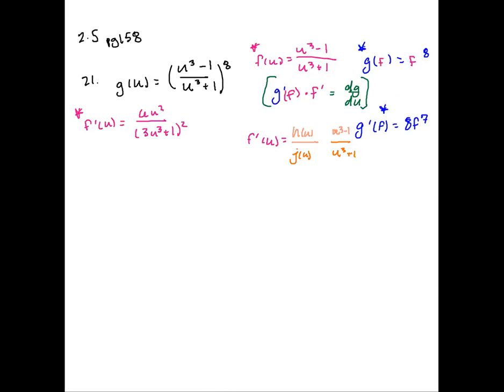And I'm going to put these together in a way that I can get 8 times my original F function. So this is F of u, which is u cubed minus 1 over u cubed plus 1, to the 7th.